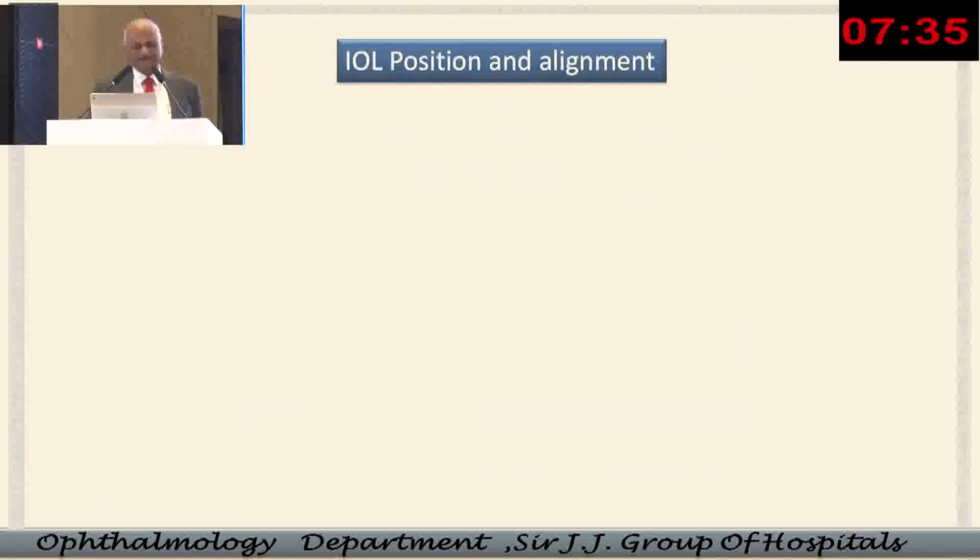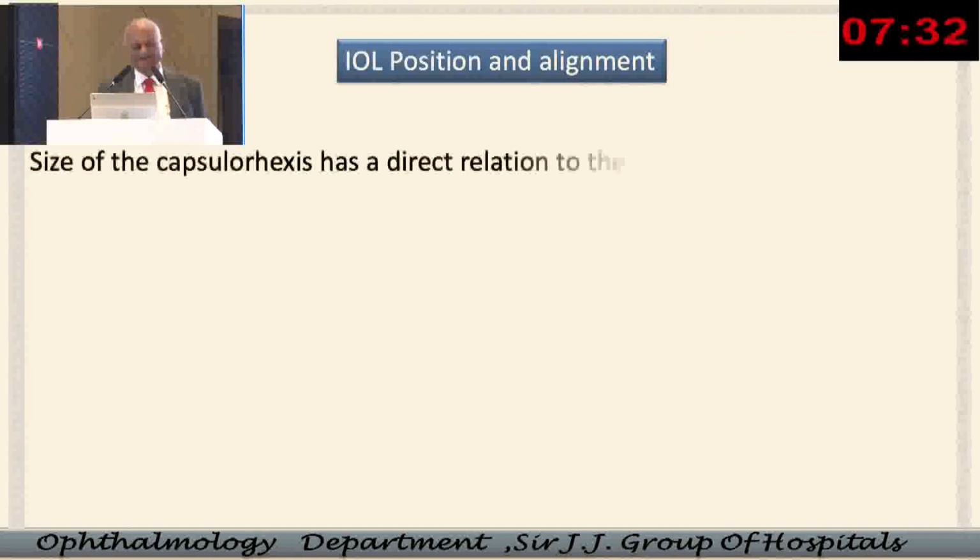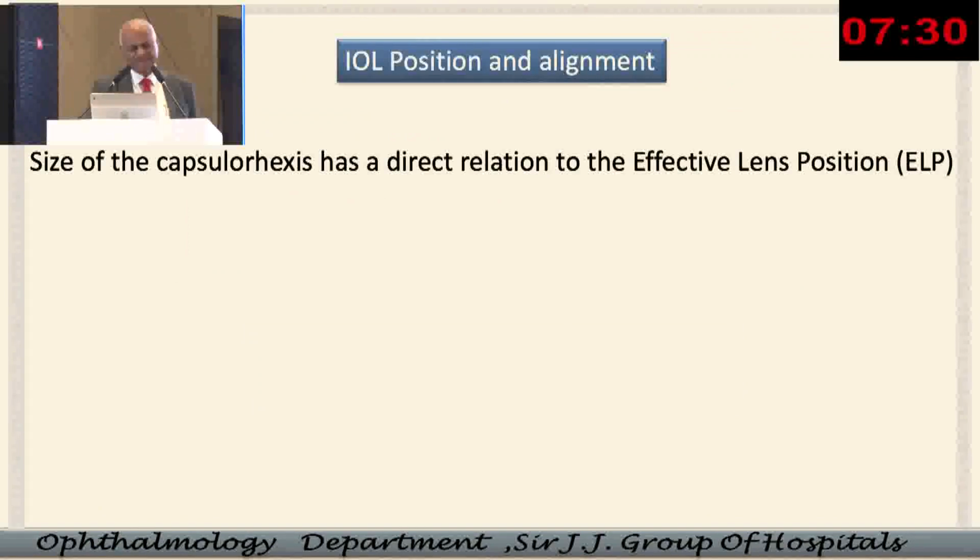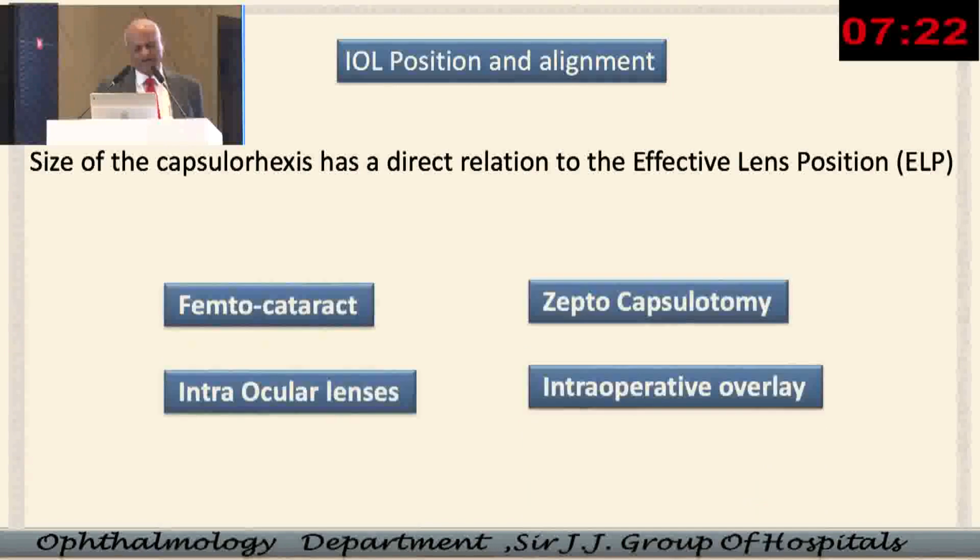Now another thing is the IOL position and the alignment of the IOL. The size of the capsular axis has a direct relation to the effective lens position. It is very important, because for this effective lens position it may be a femto cataract, zepto, or intraocular lenses, or intraoperative overlay. That always helps us.